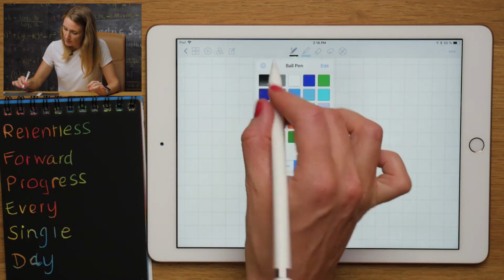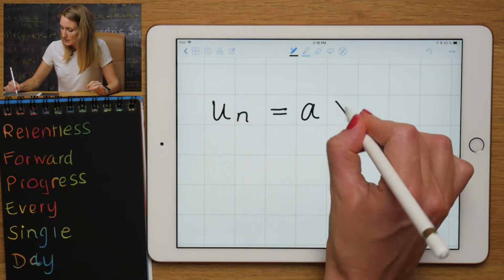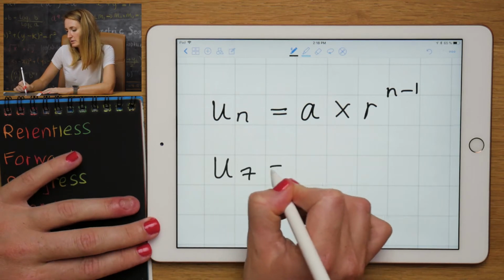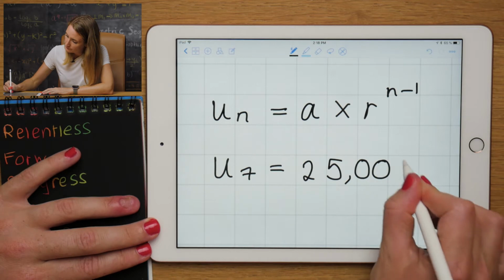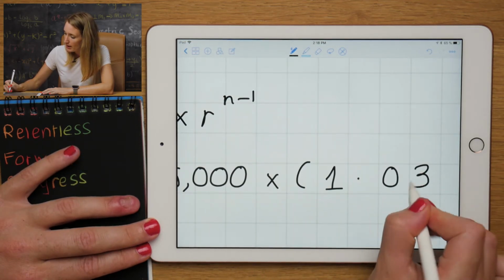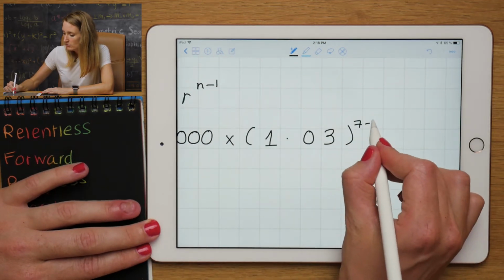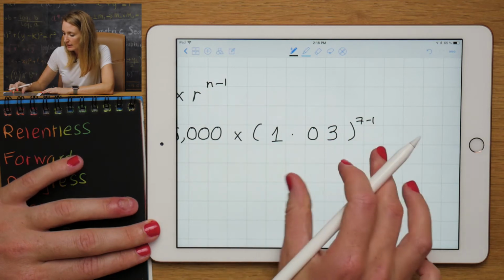So write down the formula that you're going to use. We're going to use Un equals A times R to the n minus 1. We want U7. We know that A is 25,000, times R, 1.03, and we worked out the n was 7, minus 1. So you can see why we needed to have the n, not the year, because we need to put the n in here.